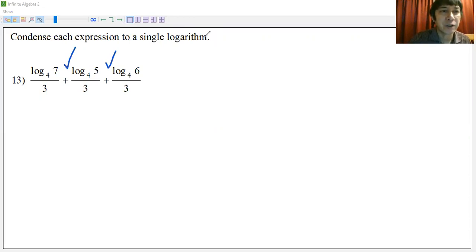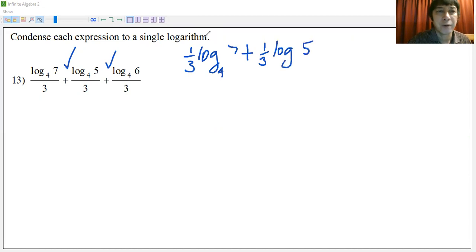So we can rewrite this 1/3 logarithm of 7 base 4 plus 1/3 logarithm of 5 base 4 plus 1/3 logarithm of 6 base 4.